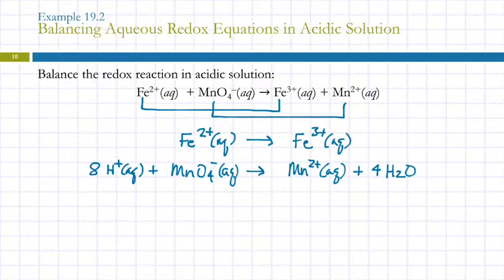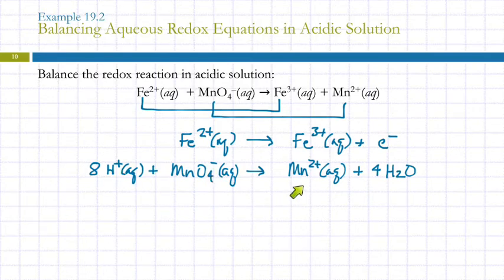Now I'm going to balance charge using electrons. So here I've got +2 and +3. If I add 1 electron to the right side, then both sides are +2. They just need to be the same on both sides of the arrow. It doesn't have to be any specific number. Now this one's getting a little more complicated. We need to be careful here. So we have +8 and -1, so the total on this side is +7, right?